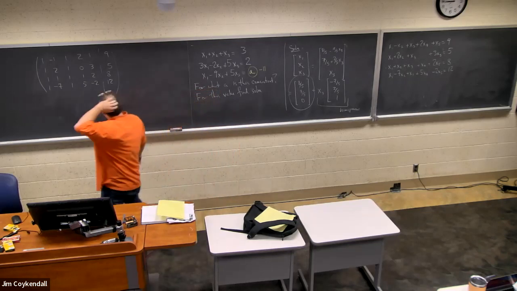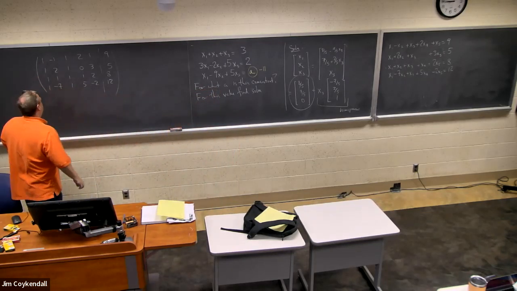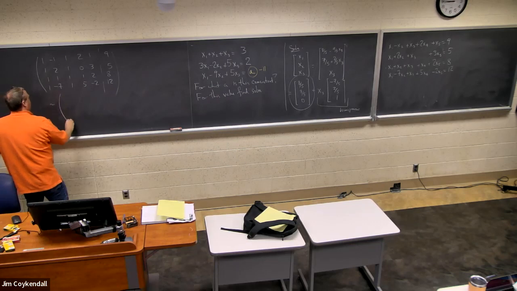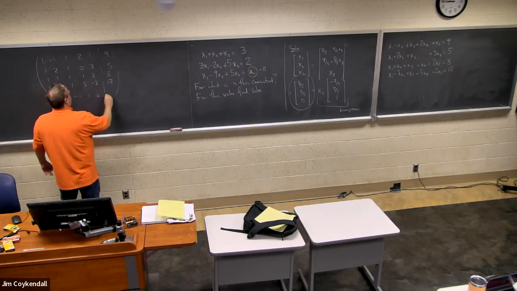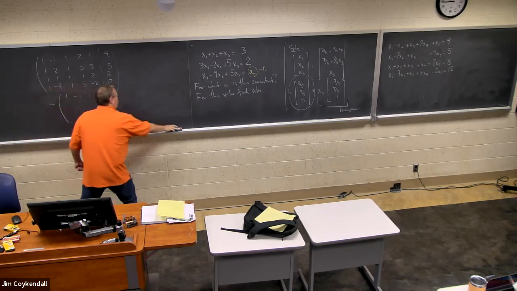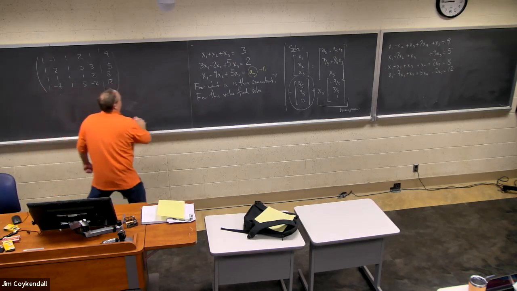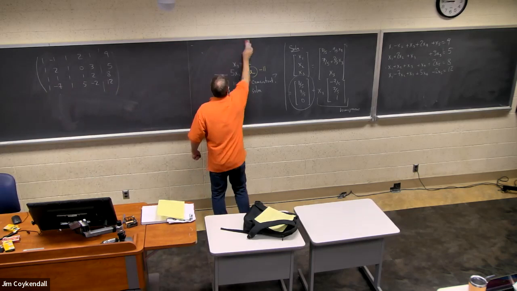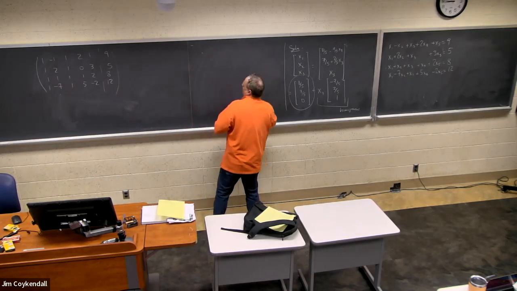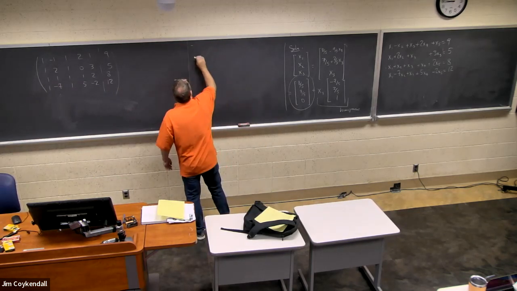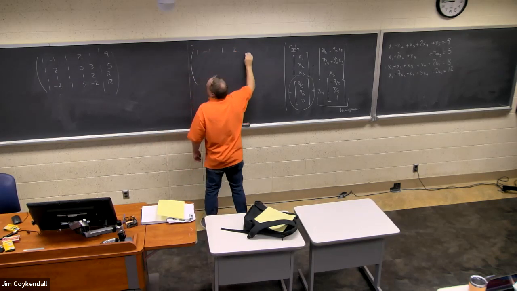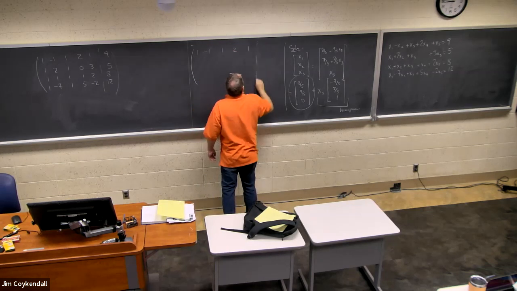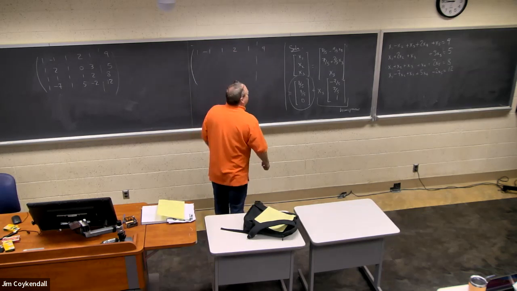All right, so let's work through this. The first thing I'm going to do is leave that top row alone because it's already there. So I'm going to leave the top row alone for now, 2, 1, 9.